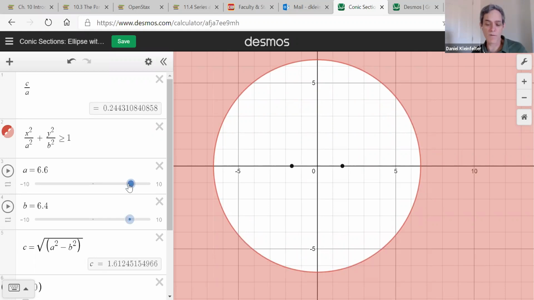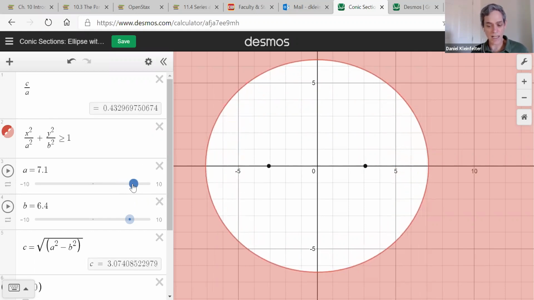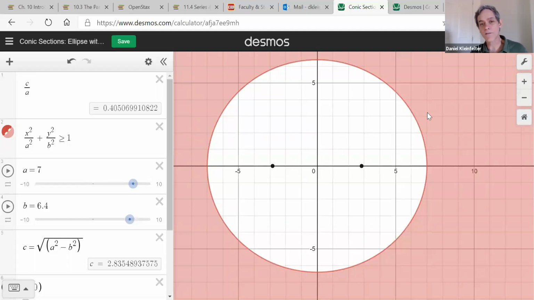If you think about it, if we make the foci right on top of the origin, it's going to make the A and B equal to each other, and we'll end up with a circle. So I just wanted to show you a couple of examples of calculating the eccentricity and how that relates to the foci's relative position inside the ellipse.